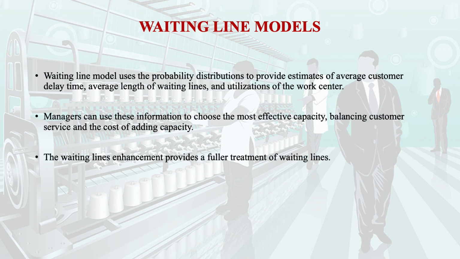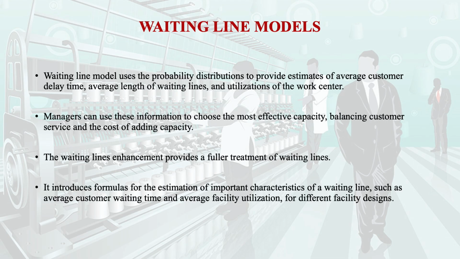The waiting line enhancement provides a fuller treatment of waiting lines. It introduces formulas for estimation of important characteristics of a waiting line, such as average customer waiting time or average facility utilization, which is required for different facility designs.